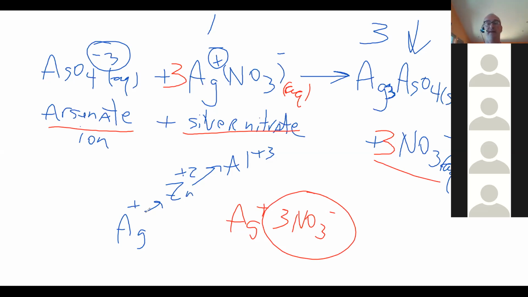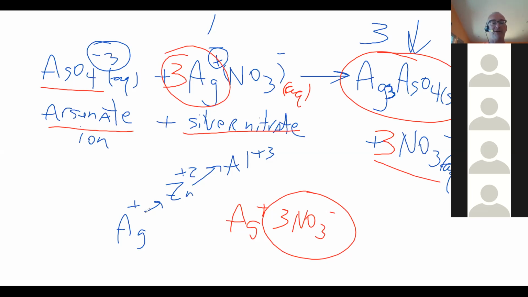They didn't do anything. So our net reaction, the things that actually occur, is this plus this makes this. The nitrate ions don't really play a part in the reaction. They're just floating around at the beginning, and they're going to be floating around at the end.